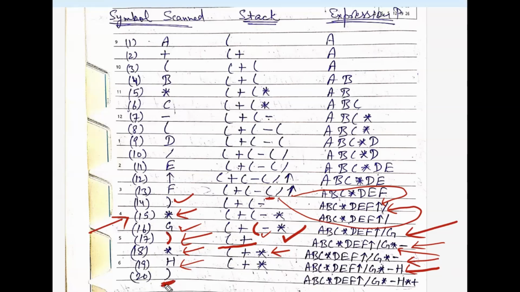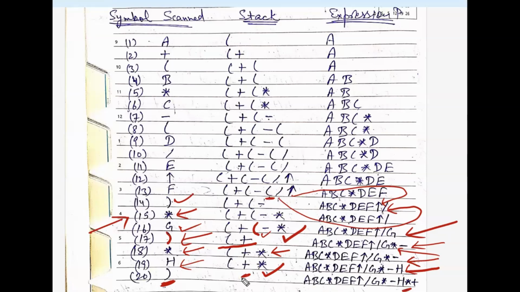Now last sentinel character, the push operation which we did in the first step of this algorithm, we pushed a right bracket, and now once this right bracket came, one by one multiply is popped and added to the expression.